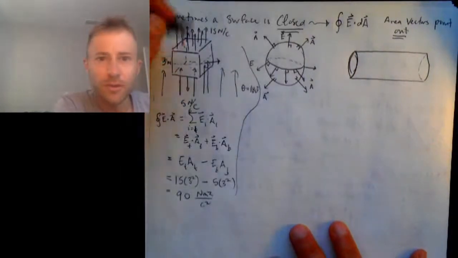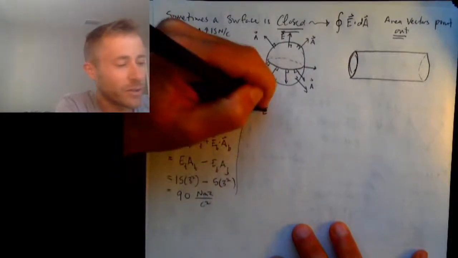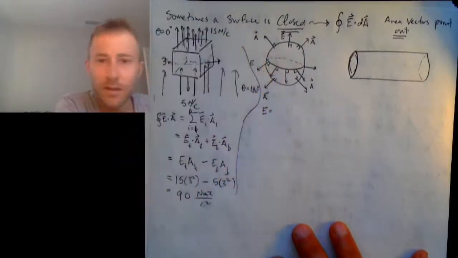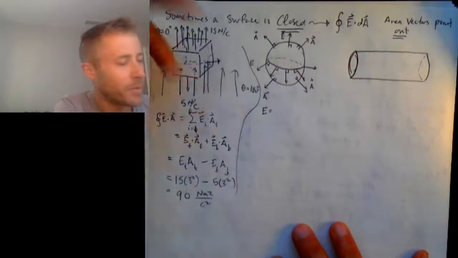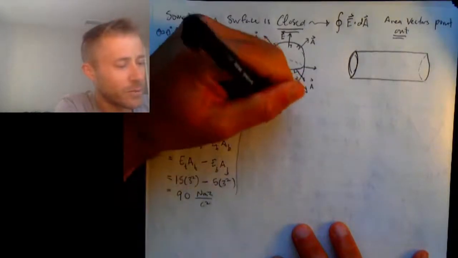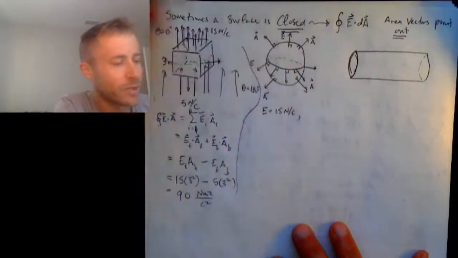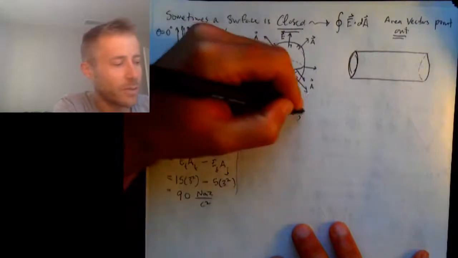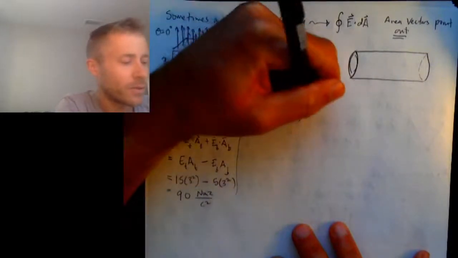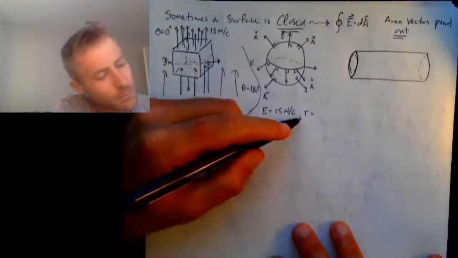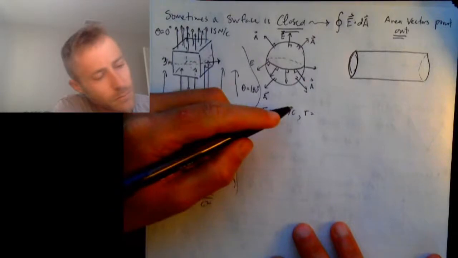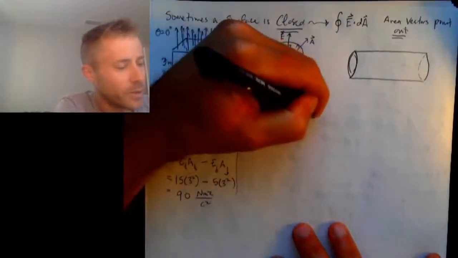Let's suppose that the size of that electric field is maybe again 15 newtons per coulomb. And let's say that the radius of this sphere is, let's say, 2 meters.